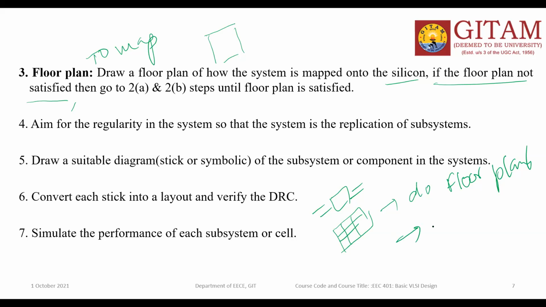Go for regularity. And the fifth one is the symbolic or stick diagram for the subsystem. Stick for the subsystem, and then go for the layout and DRC. Layout and DRC. Then simulation.